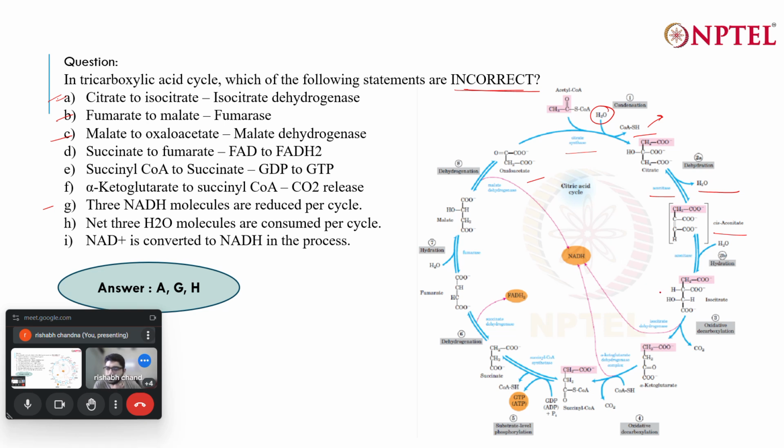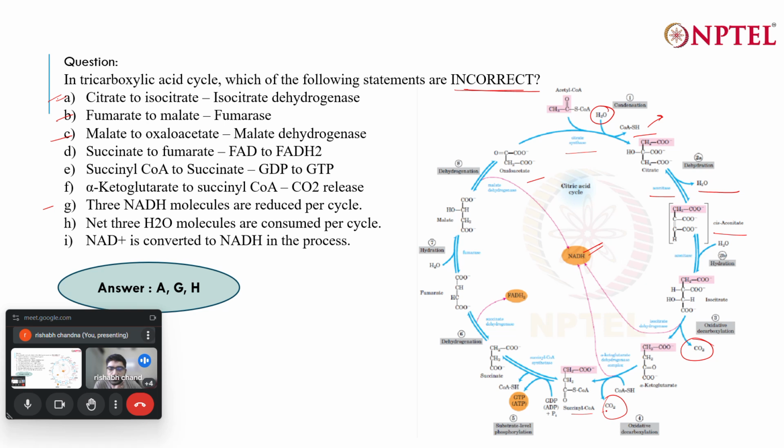Now, this isocitrate is converted to alpha ketoglutarate by releasing one molecule of CO2, and this also forms one molecule of NADH. So, this is isocitrate dehydrogenase. Then the alpha ketoglutarate is converted to succinyl coenzyme A when another coenzyme A molecule enters the cycle and one molecule of CO2 is released.